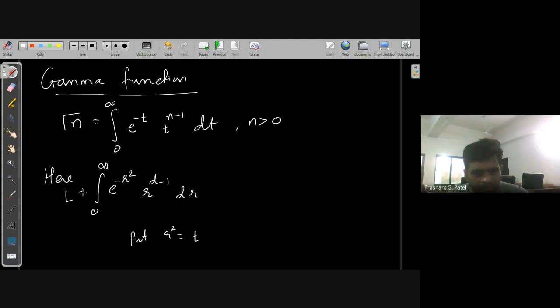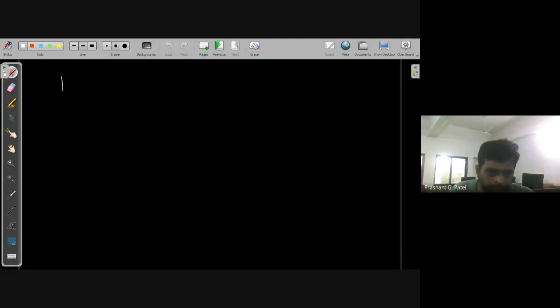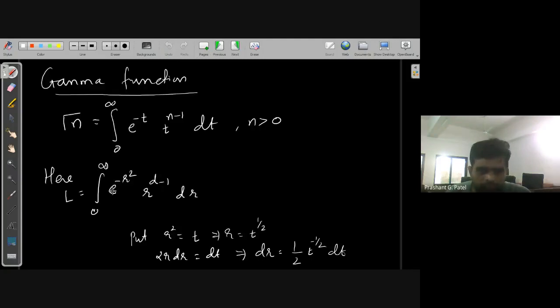Call this integral L. Then 2r dr is equal to dt, so dr is 1 by 2 t raised to minus 1 by 2 dt, where r is t raised to 1 by 2. If r is 0, t is 0, and if r is infinity, t is also infinity, which we can easily see from r square equal to t.